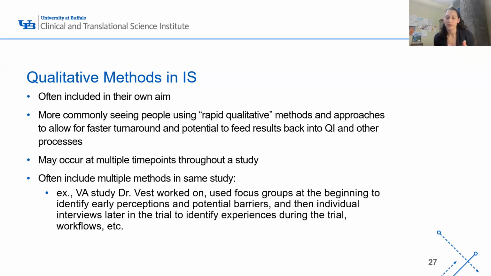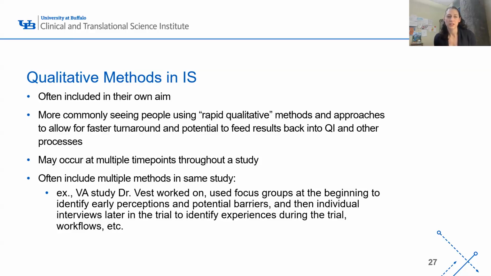So thinking about some of that adaptation that Ranjit talked about, sometimes we're using qualitative methods in that way to help document that adaptation, document barriers and solutions, and then share that information back to participants in the study.